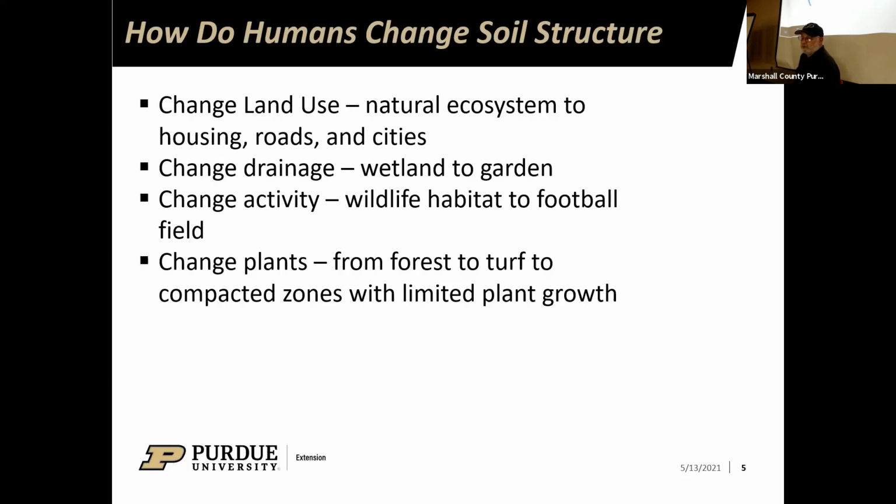We changed with drainage wetlands to gardens, which will make the organic matter more easily degraded because of the aeration of the soil compared to when it was a wetland. We change activities from a wildlife habitat to a football field. A football field has major issues because of the activity on it in a concentrated area. Forest to turf to compacted zones with limited plant growth. We have that impact as well.